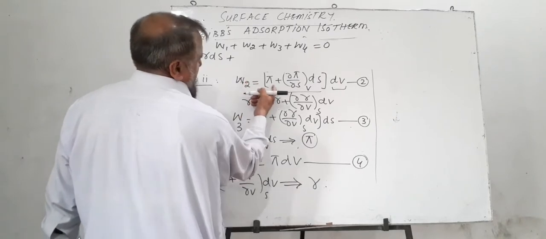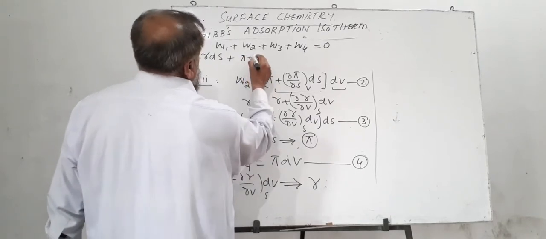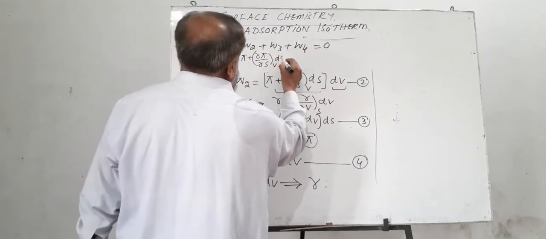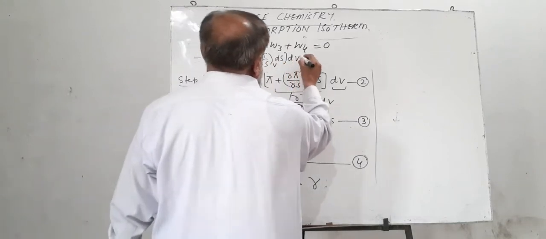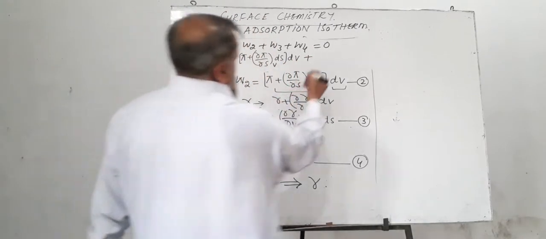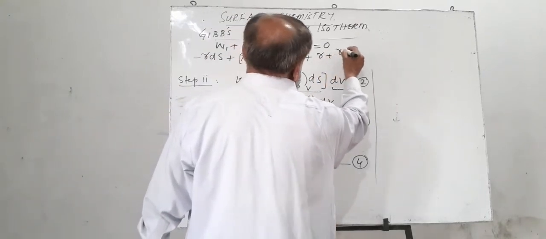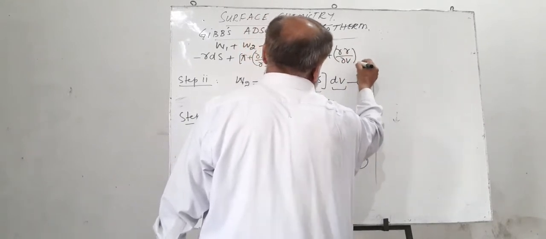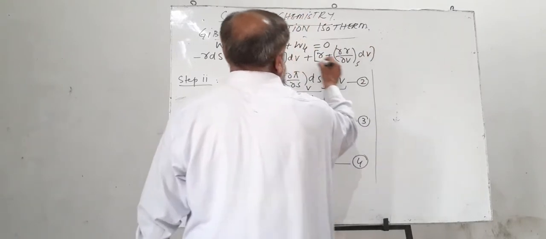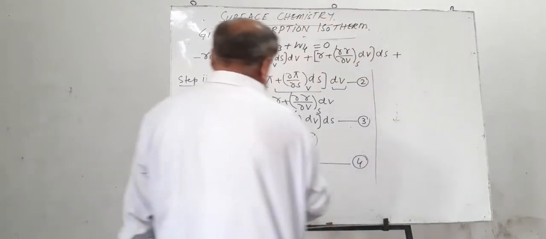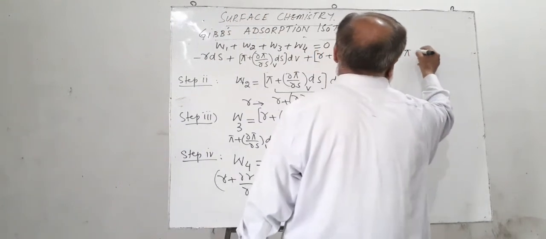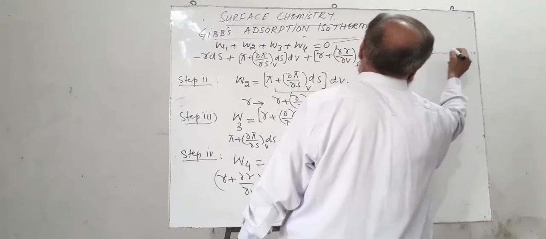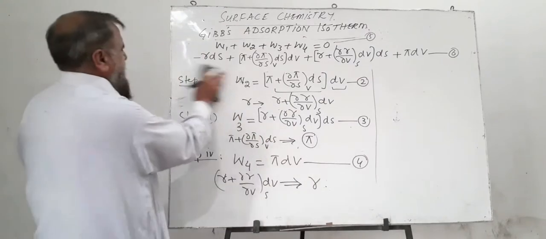Plus the work done in step 2, which is (π + (∂π/∂S_V) dS) dV, plus the work done in step 3, which was (γ + (∂γ/∂V_S) dV) dS, and the work done in step 4 is π dV. This is equation number 6, in which we have put different values.